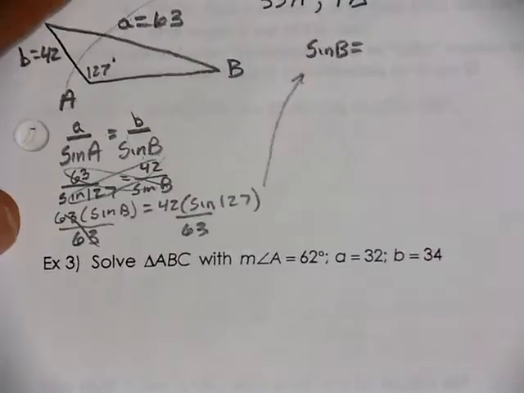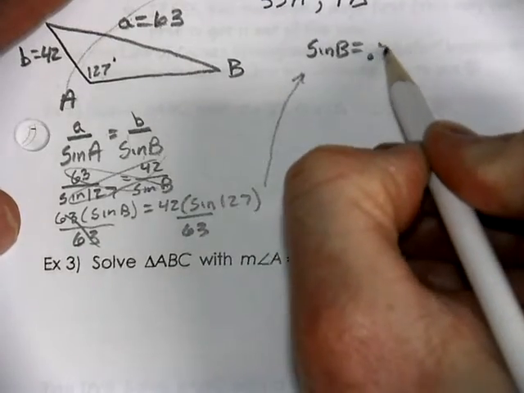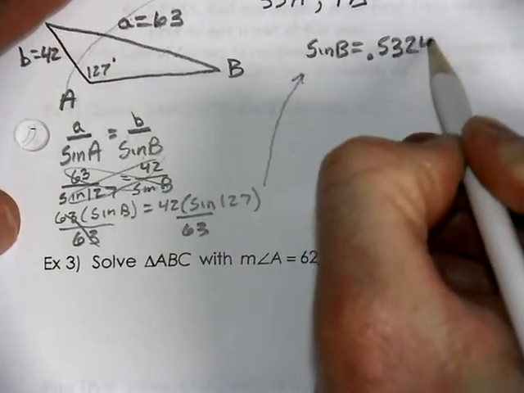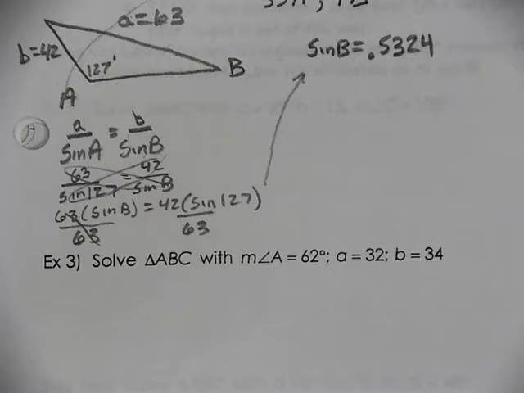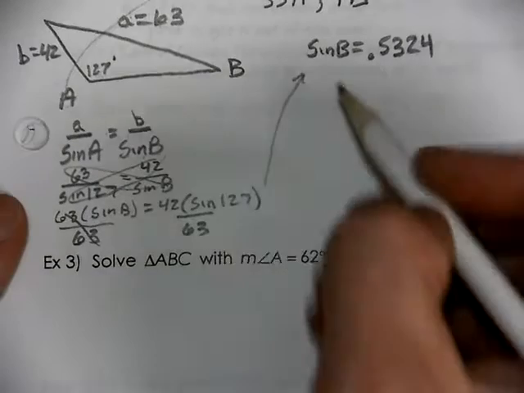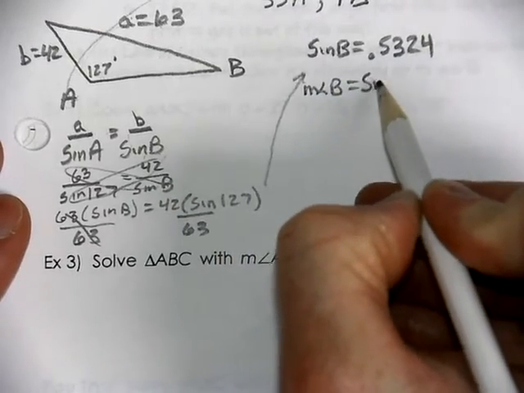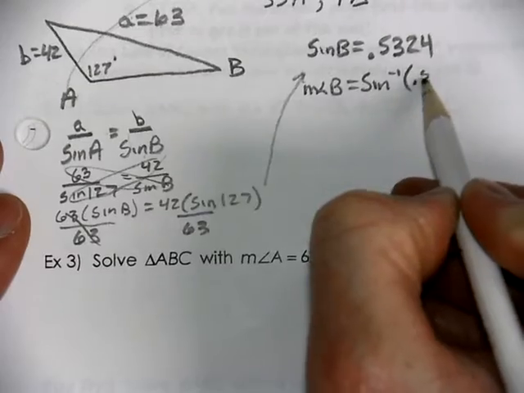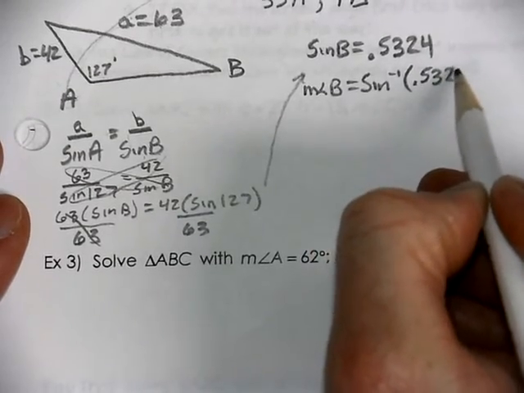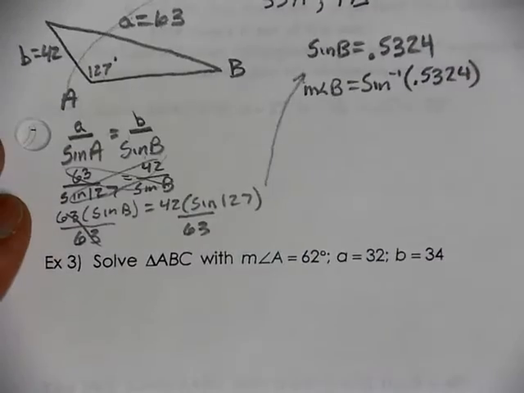We get 0.5324. Now that itself is not an angle. We have to calculate angle B by doing sine inverse of 0.5324.